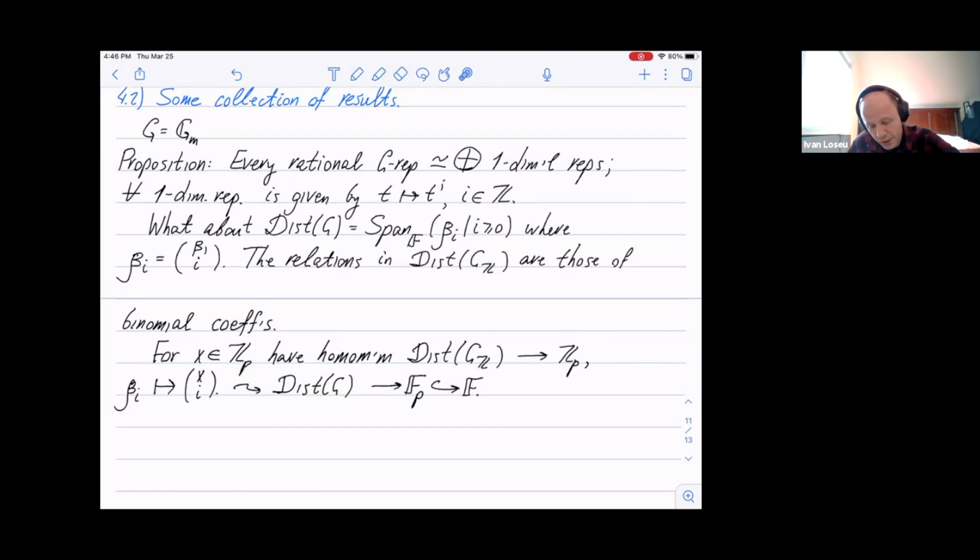If you differentiate this representation, if you consider the representation of the distribution algebra induced by this, you will get, maybe i is bad here, let me write j, the representation corresponding to j viewed as a p-adic number.